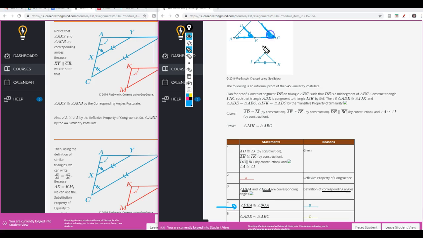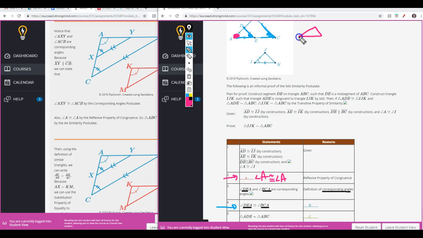So there's one pair of corresponding angles. And then in this statement, it was angle A. Remember, angle A is congruent to angle A. You can scroll down and verify that again. So notice that angle A right there is a corresponding angle to itself in both of those triangles.